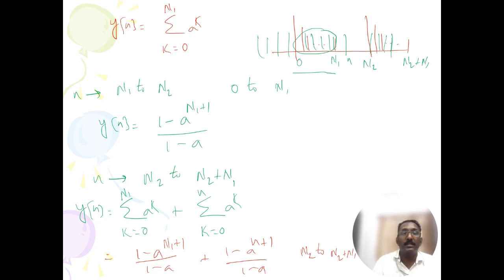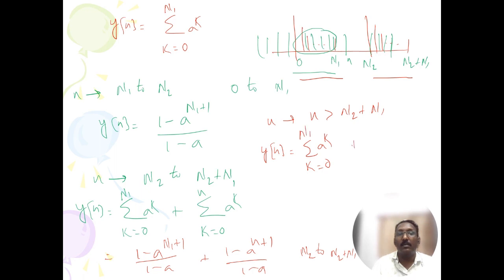Okay. In the next case, if n value is greater than n2 plus n1, the overlap portion is always between 0 to n1 and n2 to n2 plus n1. So in this case, y of n value will be equal to summation a power k, k is equal to 0 to n1, plus another summation k is equal to 0 to n1, a power k.